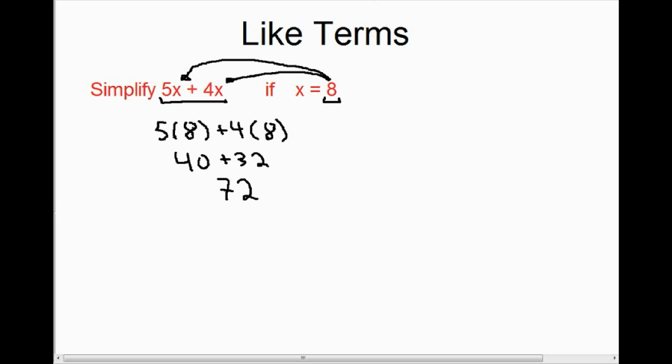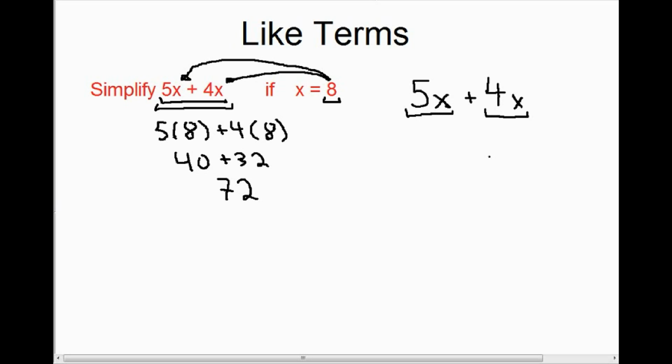Now, if we look back at the original math sentence that we have here, 5x plus 4x, you'll notice that the variables are exactly the same. Both of those terms have an x in them. And so another way to look at this is, well, we're adding 5x's plus 4x's.